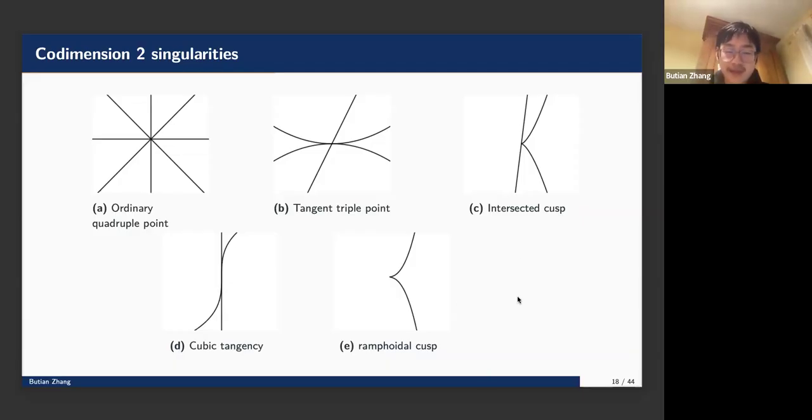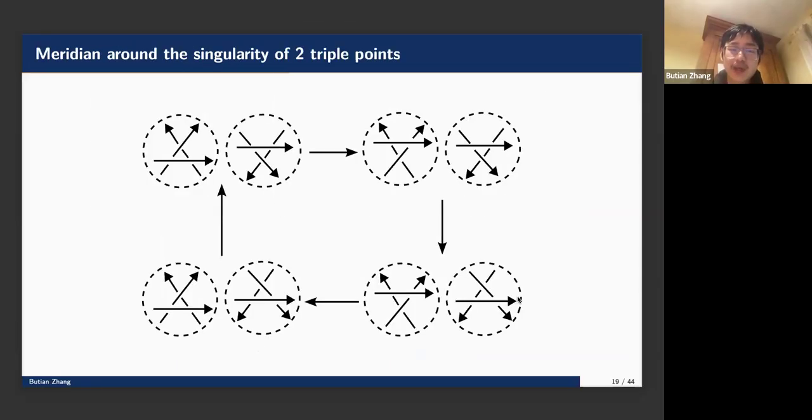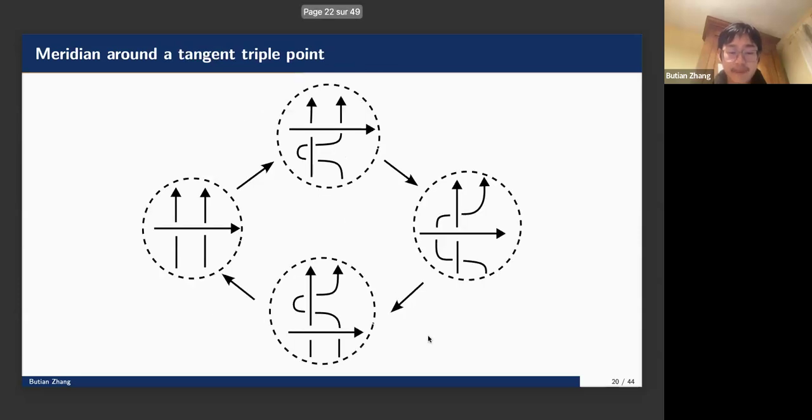Around these 6 types of singularities, there are generic loops called meridians. For example, here we have shown a meridian around 2 triple points. And here is a meridian around a tangent triple point.